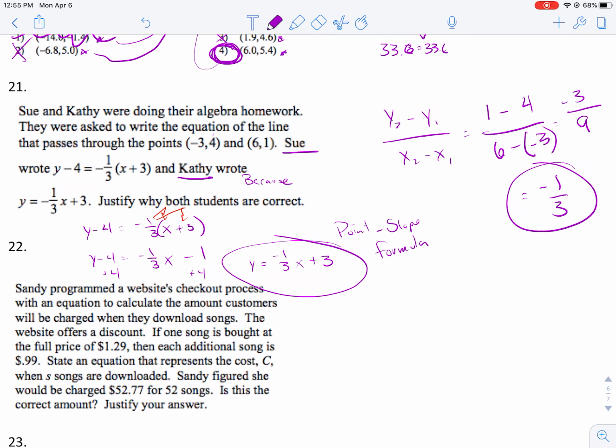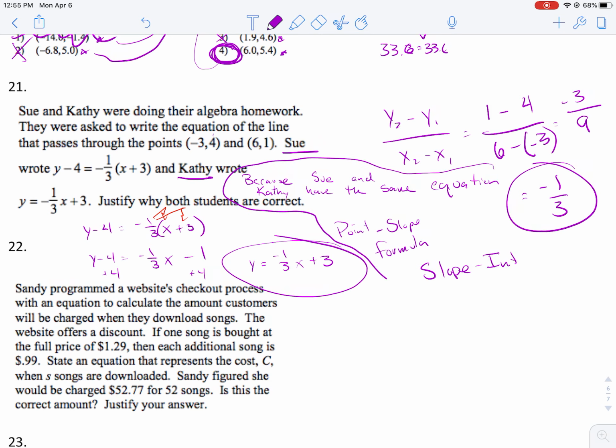So, justify why both students are correct. We would say because Sue and Kathy have the same equation.